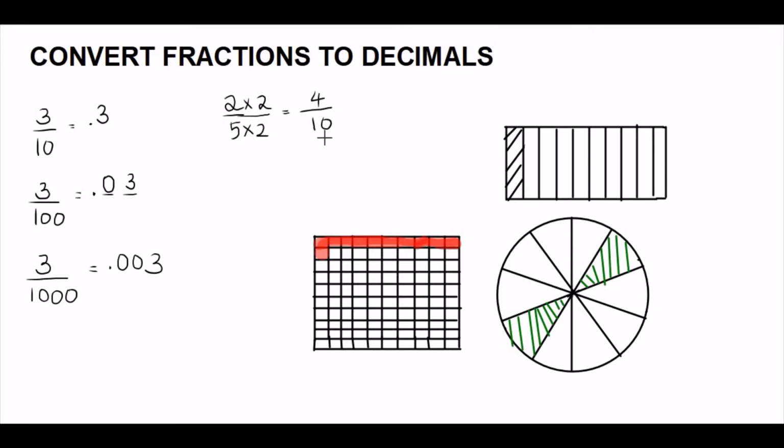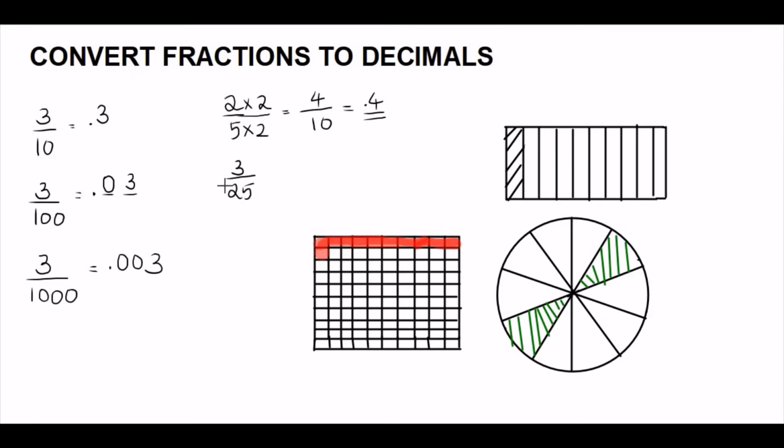So 4 by 10 is the new fraction. That is, 2 by 5 and 4 by 10 are equivalent fractions. Now you can convert this fraction easily to decimal. That is, here there is 1 zero. So after the decimal point, there will be one decimal place. So the number is 0.4.